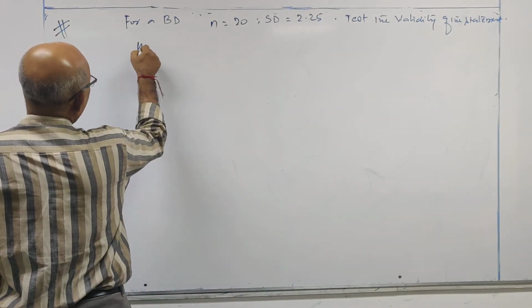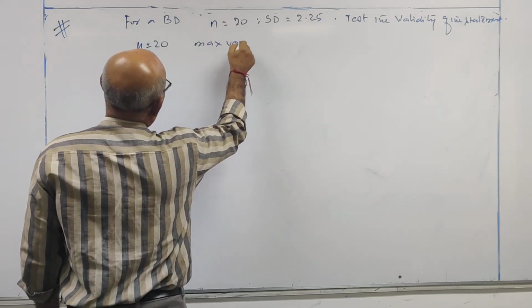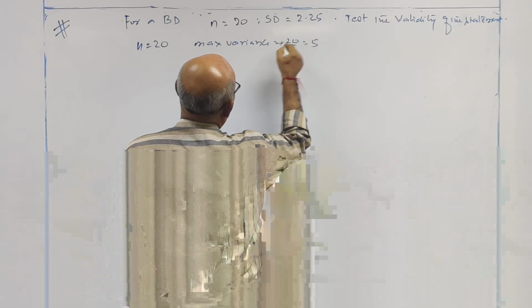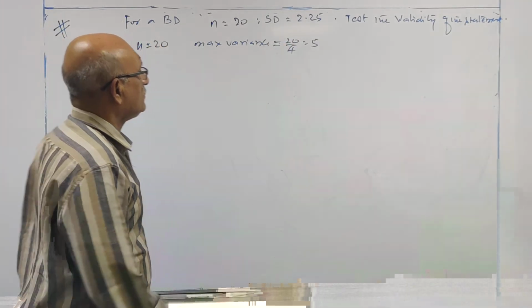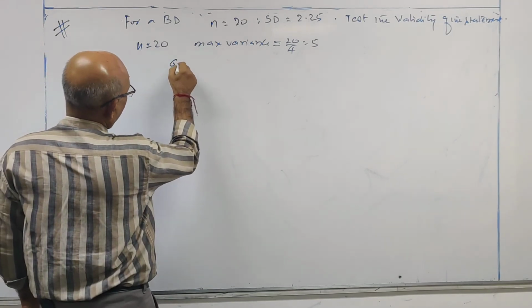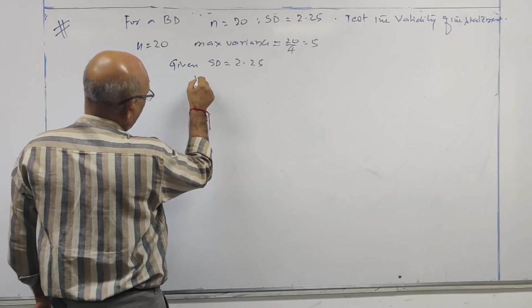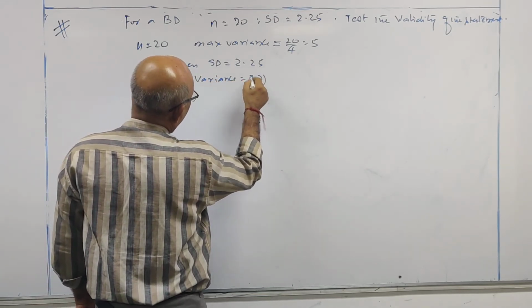Look at this one. n is equal to 20. Maximum variance is equal to 20 by 4, this is 5. Given standard deviation is 2.25, variance is equal to standard deviation whole square.